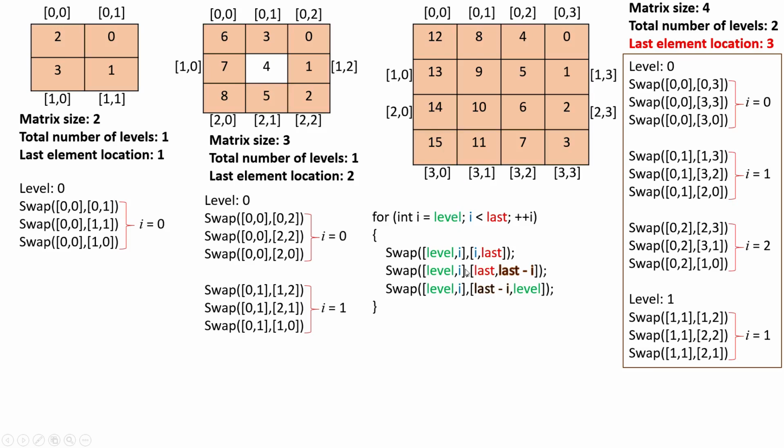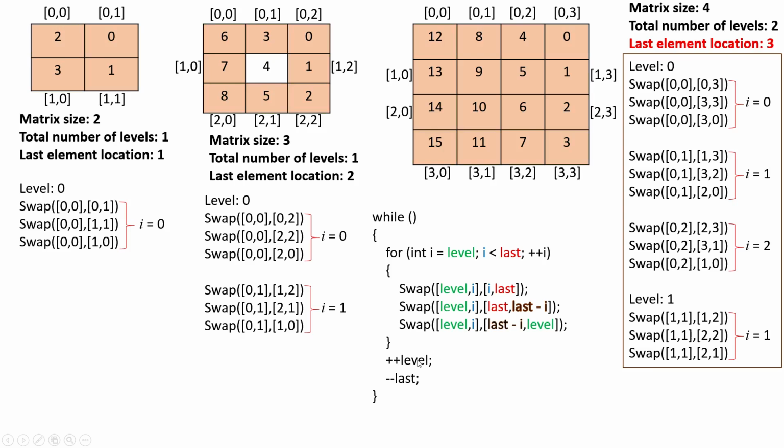So this is what we're working with when we just finished with the 3x3 matrix. Let's go ahead and increment level, decrement last, because when we go to the inner level, last is no longer 3, it's now 2, it goes down by 1. And this is what it's looking like. We have it in a while loop.